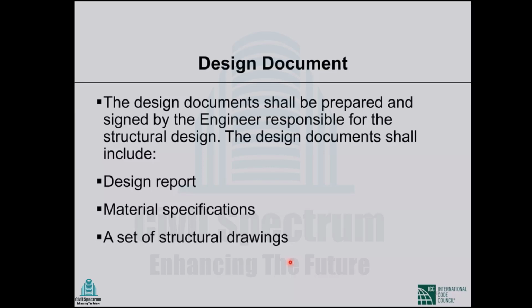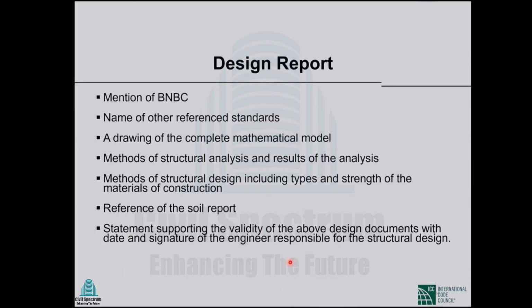A design report, material specifications, structural drawings, mention of BNBC. For example, now it has to be BNBC 2020, name of other reference standards, a drawing of the complete mathematical model. What do you understand by this? Let me give an example.